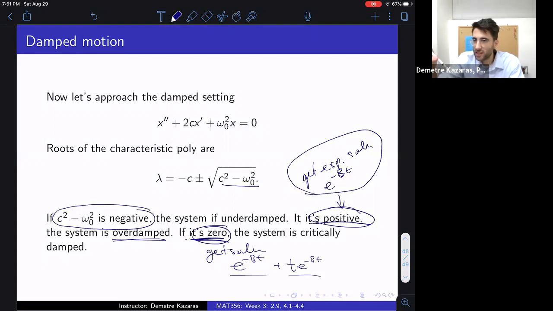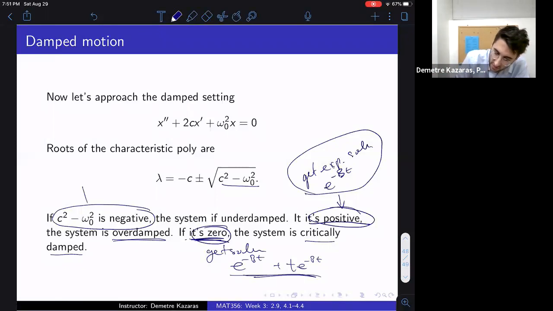No sines and cosines, no oscillating. You'll just slowly go to equilibrium. But it's slightly different motion, so it has a slightly different name. It's called critically damped. That's a cutoff point between 2 different behaviors. Overdamped behavior is so damped that you don't get any oscillation from the spring. The damping is so much stronger than the spring.